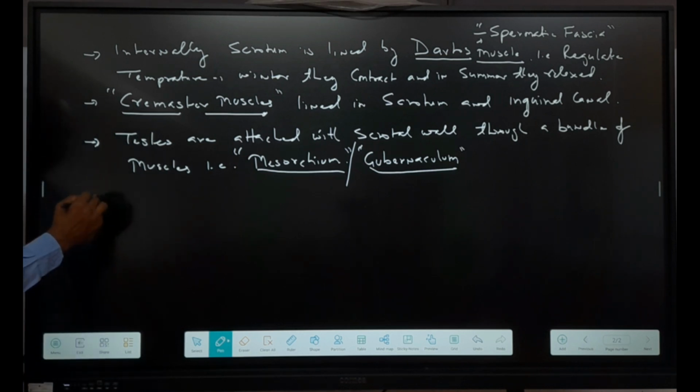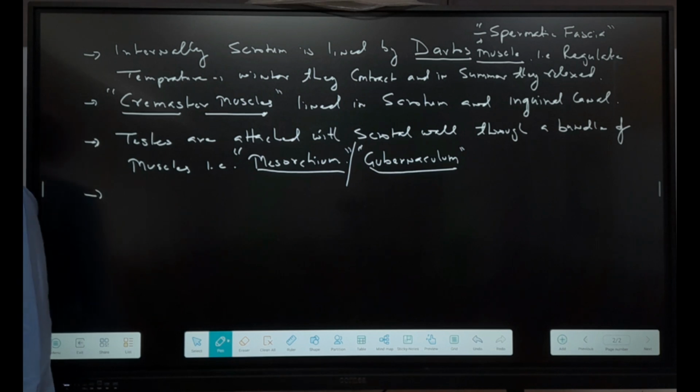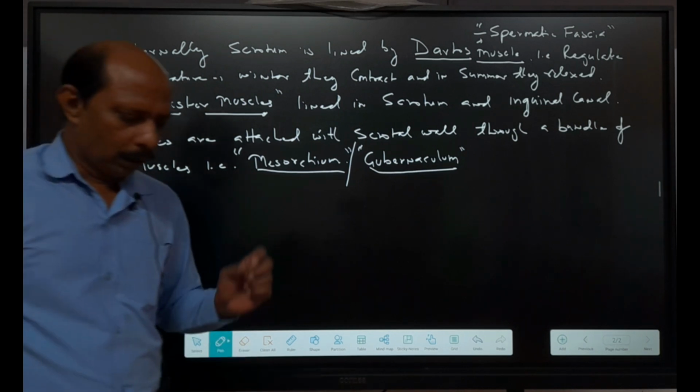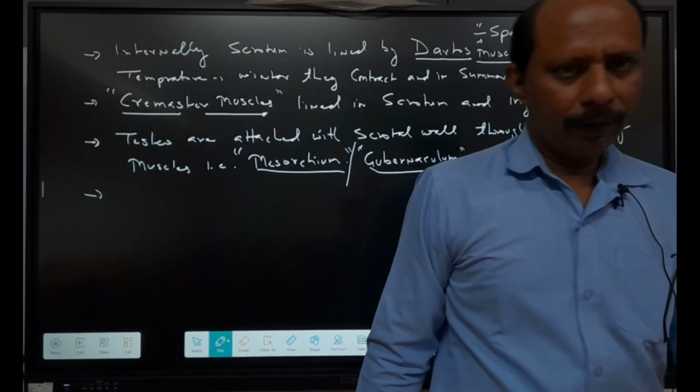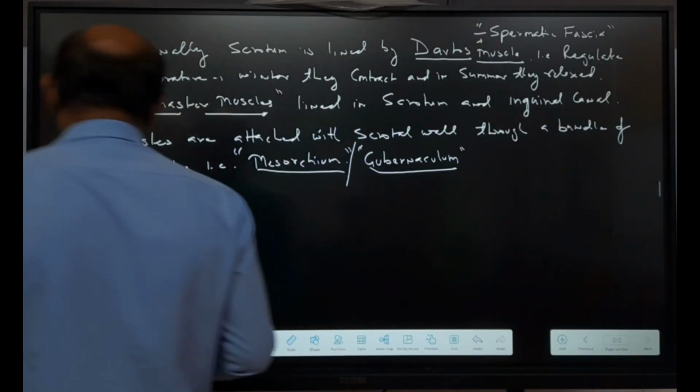Okay, now next point. Here the testes in the inguinal canal.